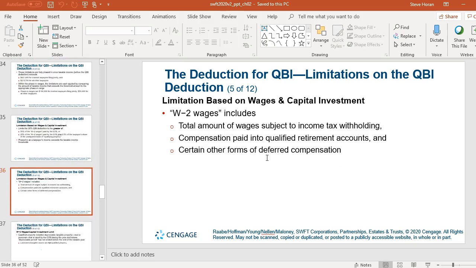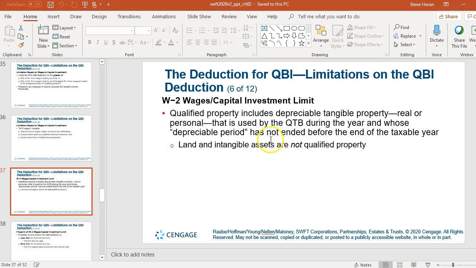It'll become more evident when we do some problems. So W-2 wages are the amount of wages subject to income tax withholding, compensation paid into qualified retirement accounts, and certain other forms of deferred compensation. Qualified property includes depreciable tangible property, real or personal, that's used by the QTB during the year and whose depreciable period has not ended before the end of the taxable year.